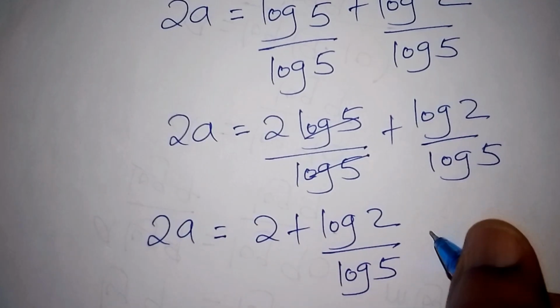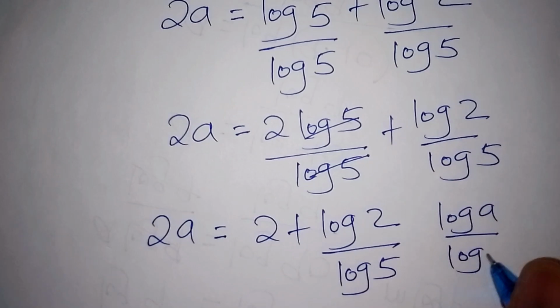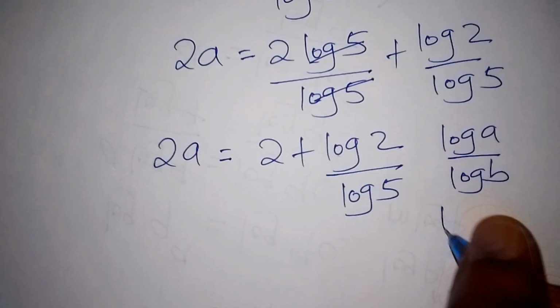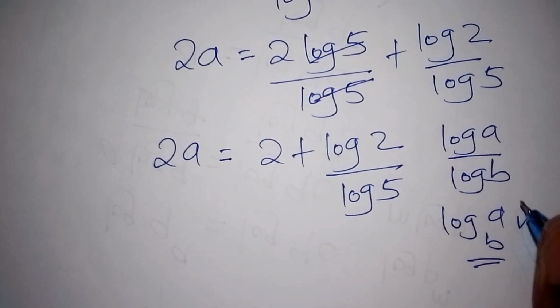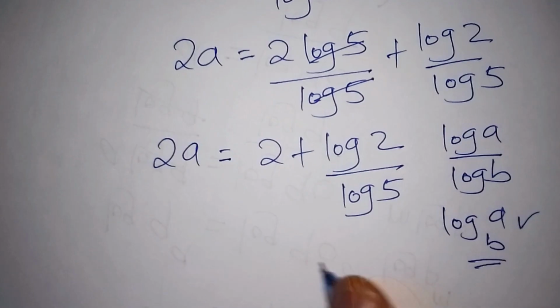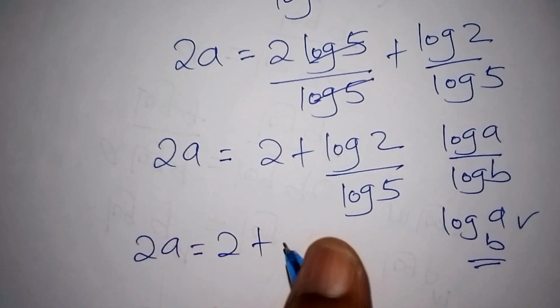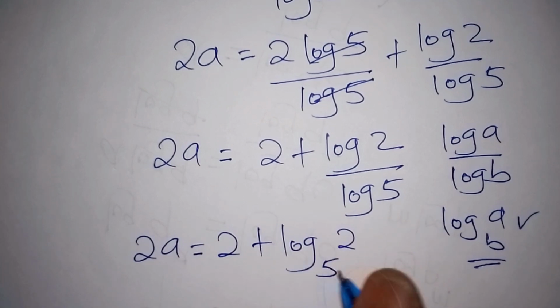Assuming that we have the log of a all over the log of b, this can also be written as the log of a to the base of b. By using this formula, 2a is equal to 2 plus the log of 2 to the base of 5.